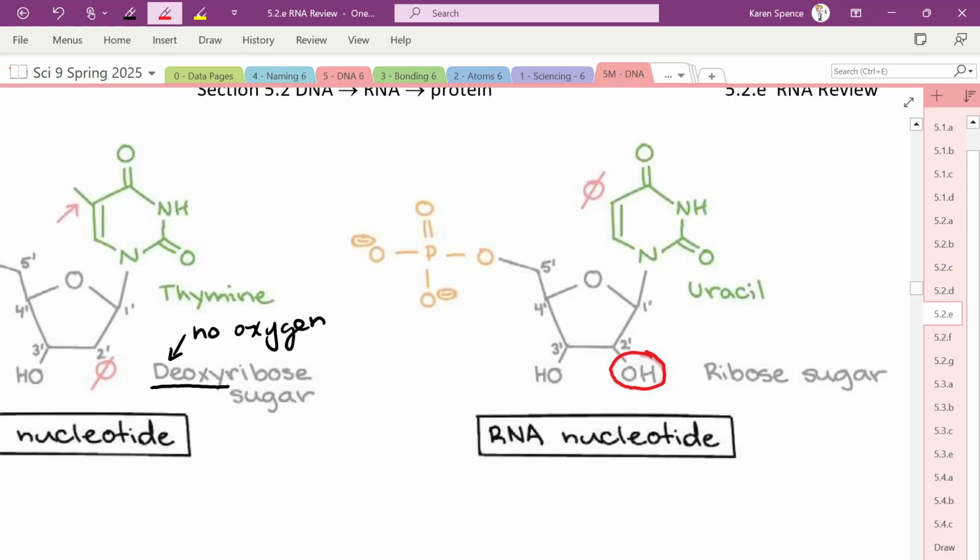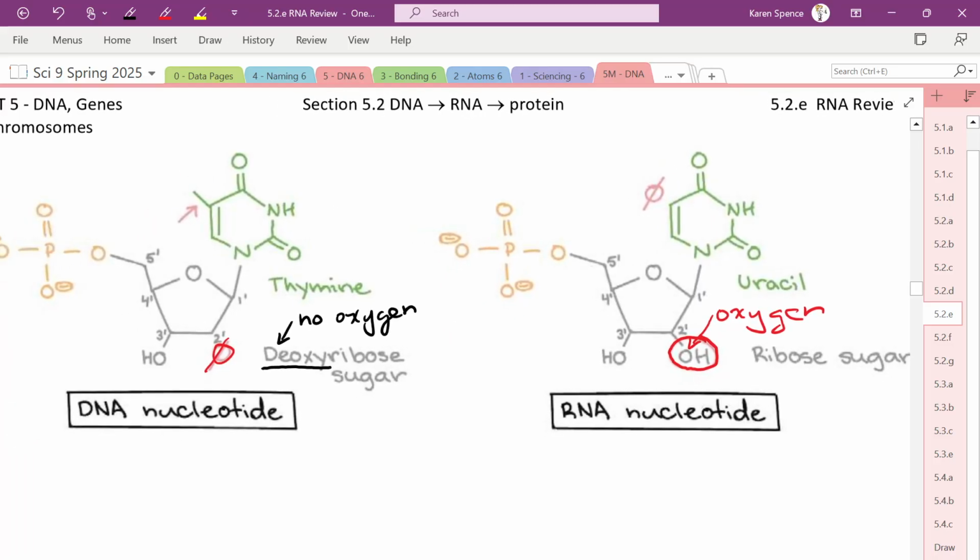What's sticking off the side there? We have an oxygen. What's not sticking off the side over here? No oxygen. So deoxyribose and ribose. Again, you don't need to know that. It's just because maybe you find that kind of thing interesting. I know I do, so I figure maybe at least some of you do.